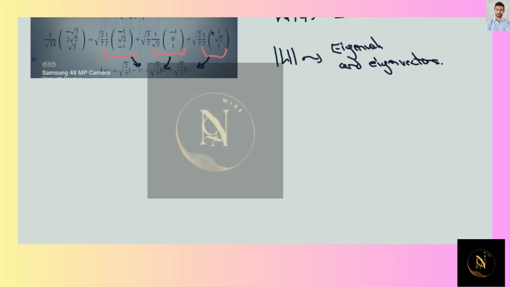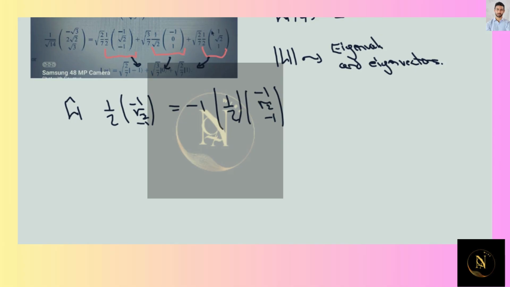So, for example, the vector 1/2, minus 1 over square root of 2, minus 1, when we apply it to our Hamiltonian, is going to be equal to minus 1 times the same vector, 1/2, minus 1 over square root of 2, minus 1.